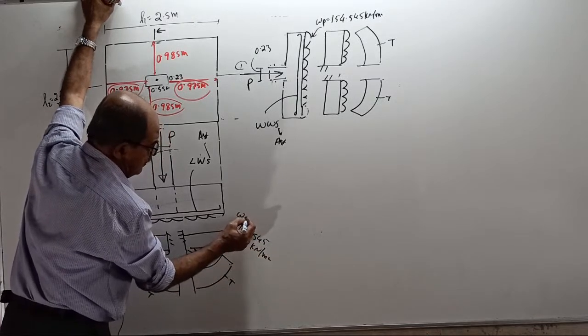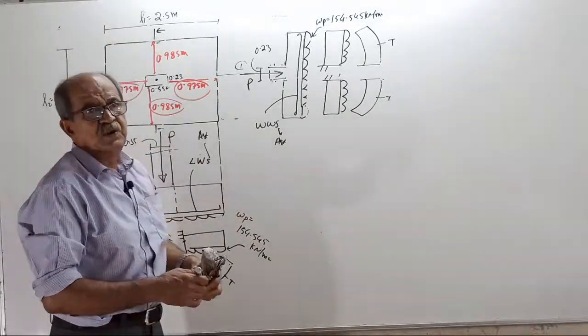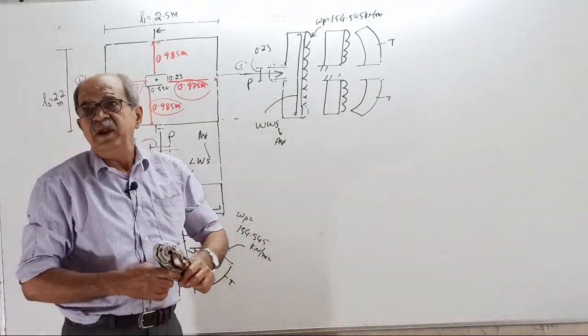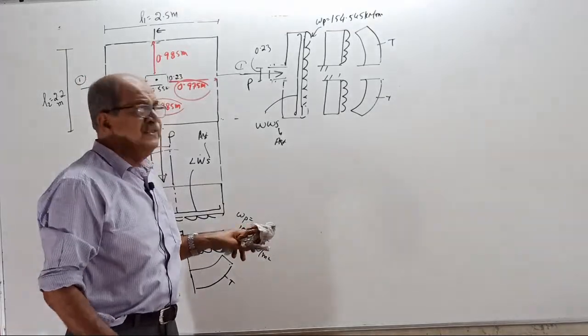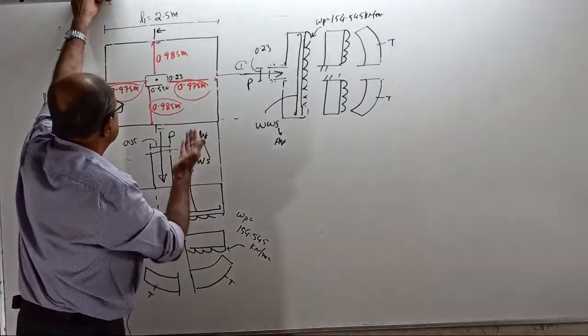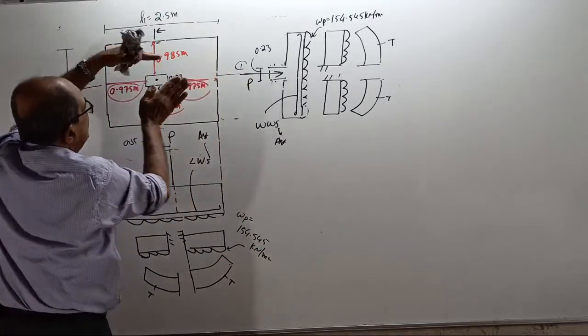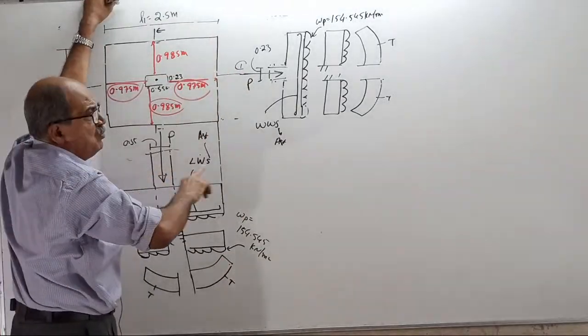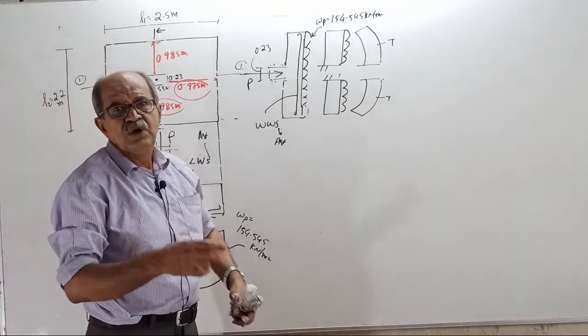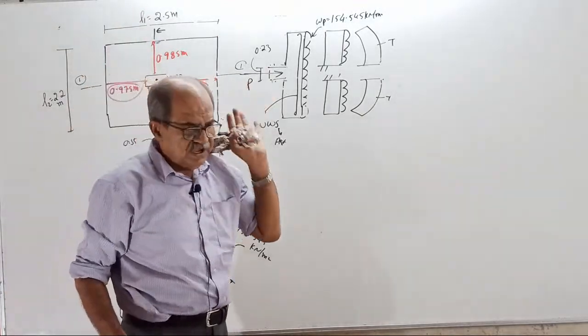That I called WP. WP means UDL, or varying load intensity W, and P means pressure acting upwards. So this is the arrangement. This will bend as a cantilever here, and this will bend as a cantilever here. Everything was told last time. Okay, now write in the procedure sheet.